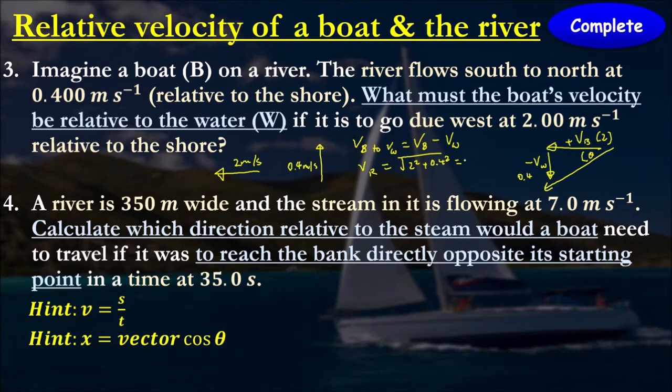So we have a relative velocity of 2.04 meters per second, rounded off to 3 sig figs. And then if we look at this in terms of the angle, tan theta, we have 0.4 at the top and 2 at the bottom.